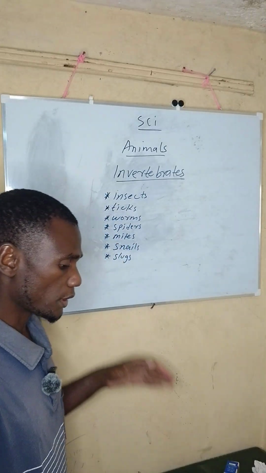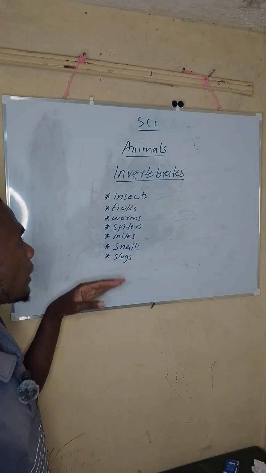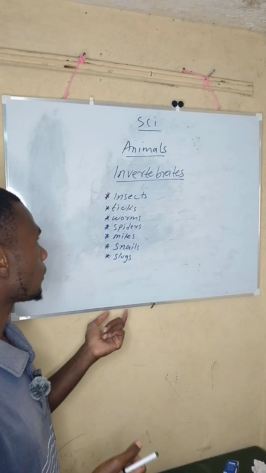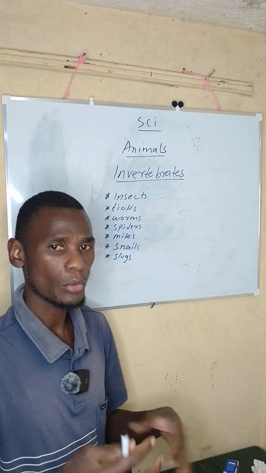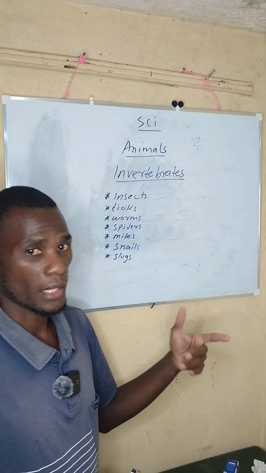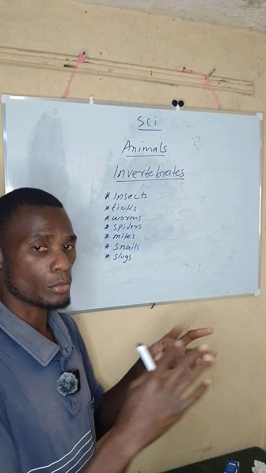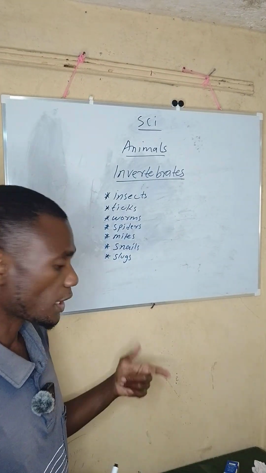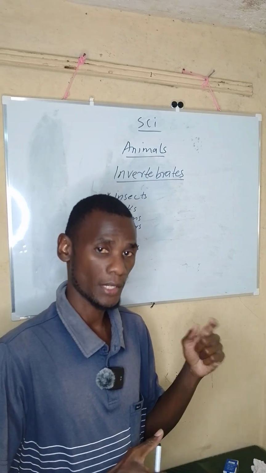Now, these invertebrates, just the way I've said before, it is a big group. There are so many animals that are found within this bracket of invertebrates, and therefore they also need to be grouped into different groups, just the same way we grouped vertebrates.